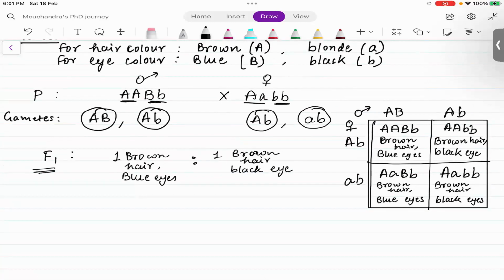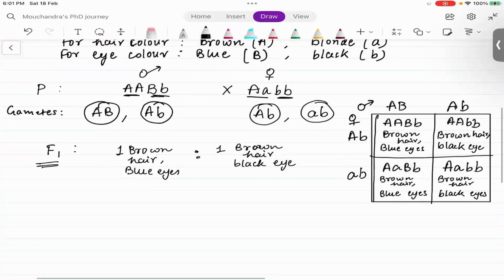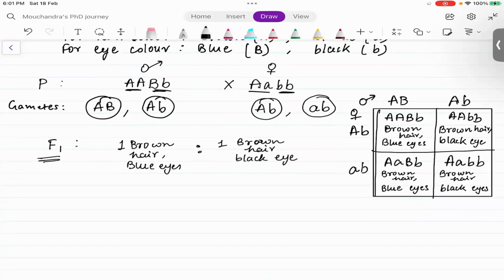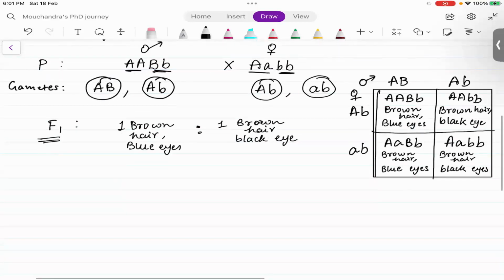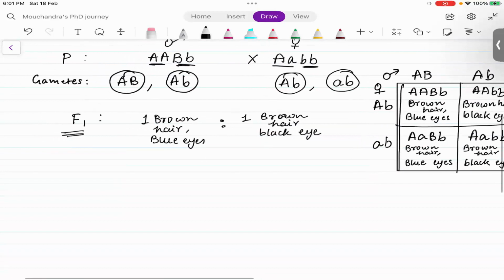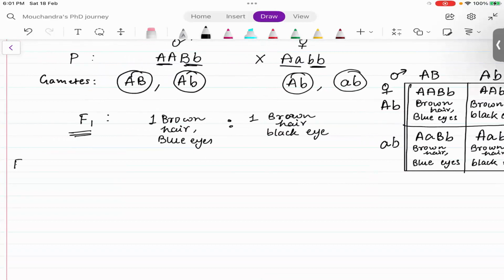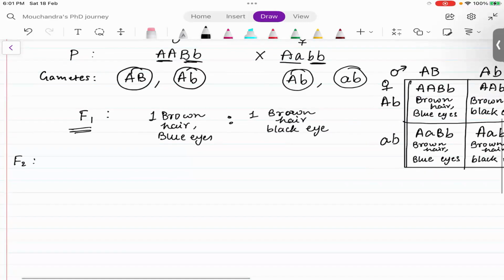Now we can choose any two offspring having the same type of genotype to do the F2 generation. It will be a long calculation actually.